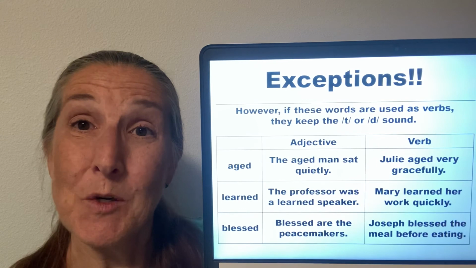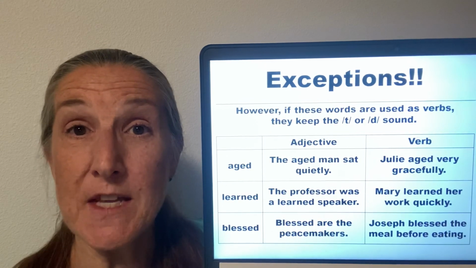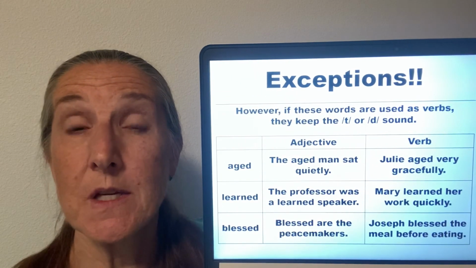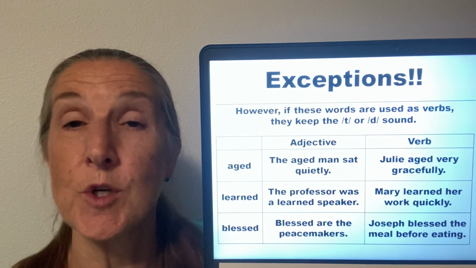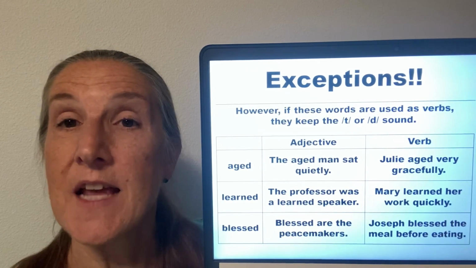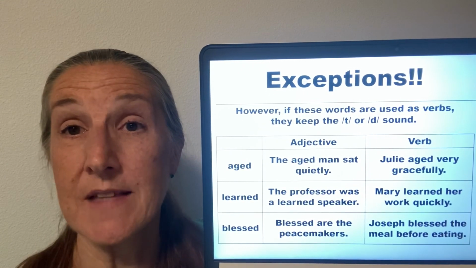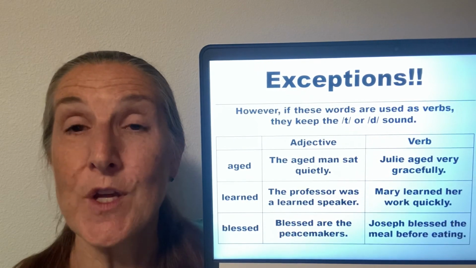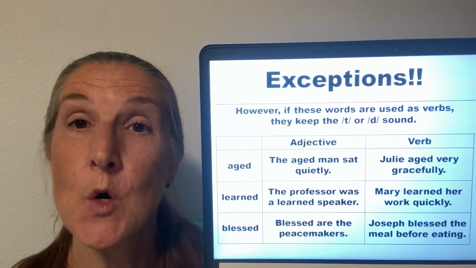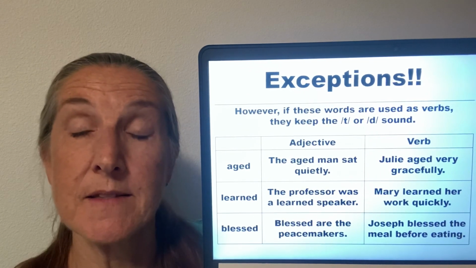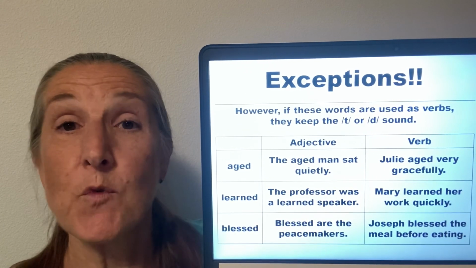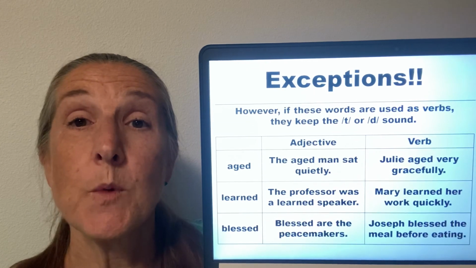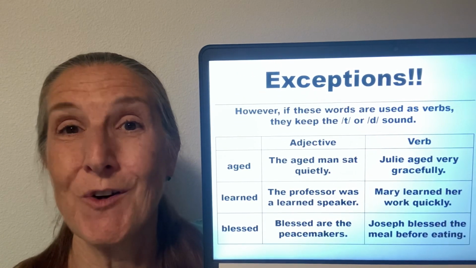And it gets a little bit confusing because if these words are used as verbs, they keep their t or d sound. They just have that id sound when they're used as adjectives. So aged, if we use it as an adjective, we would say the aged man sat quietly. But if we use it as a verb, we would say Julie aged very gracefully.